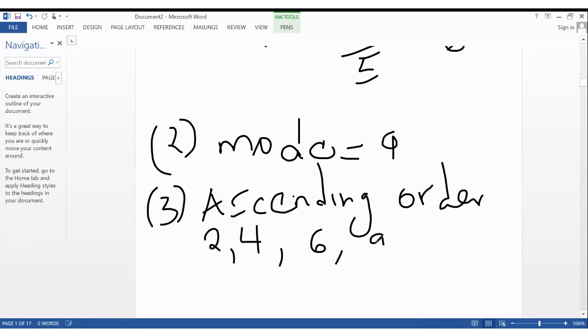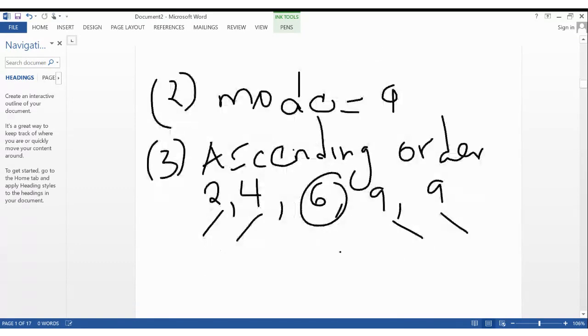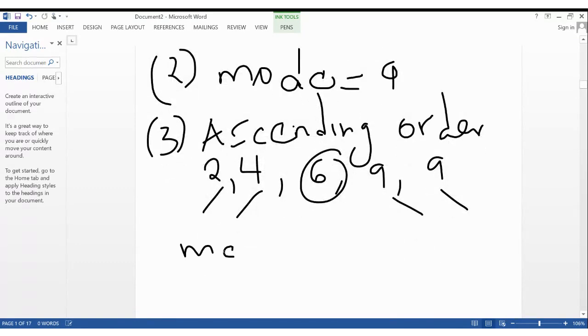So if you arrange your numbers in ascending order, that one and that one can go. The number in the middle is what? 6. So the median is 6.